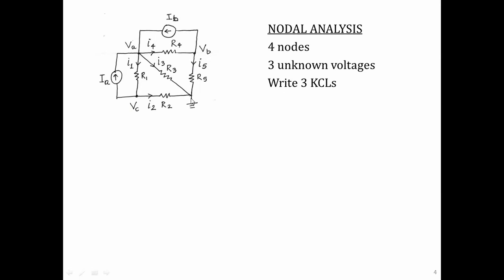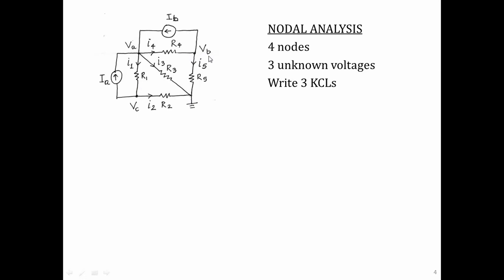So nodal analysis is about finding unknown node voltages. And because we have 3 unknown voltages, we'll need 3 equations, and nodal analysis will write 3 Kirchhoff's current laws at these 3 nodes. So this is the method.